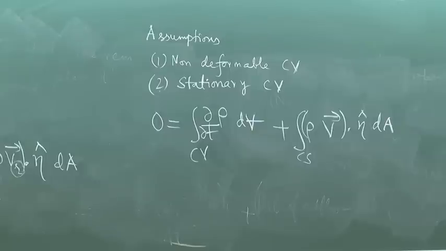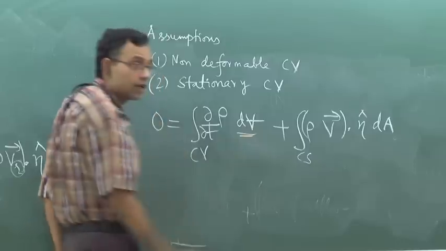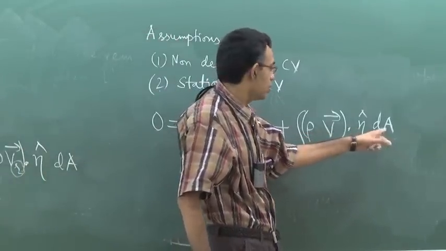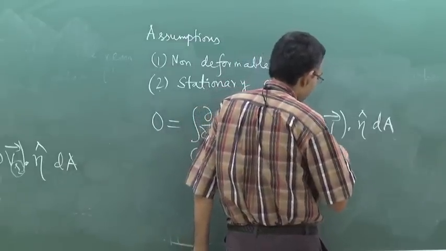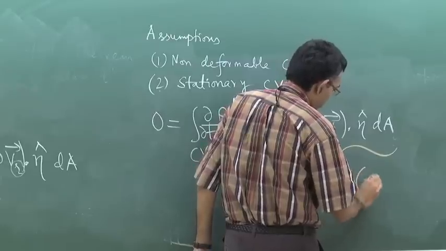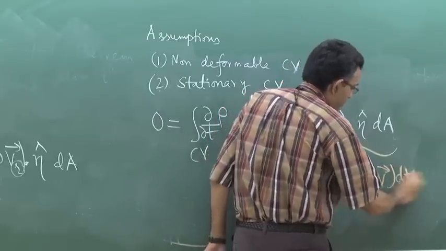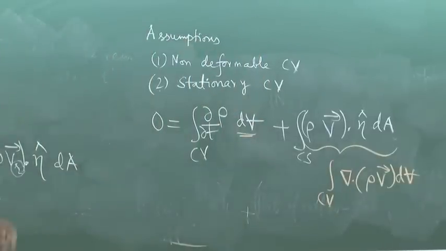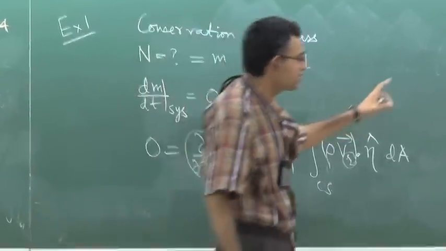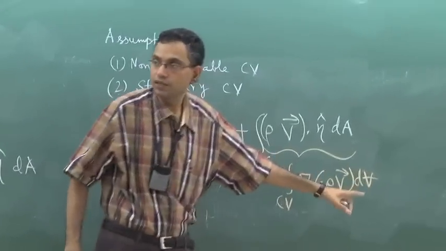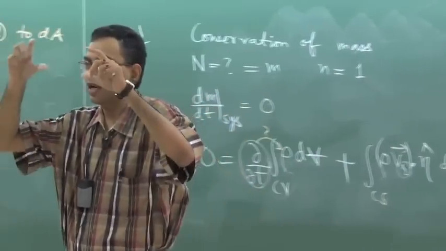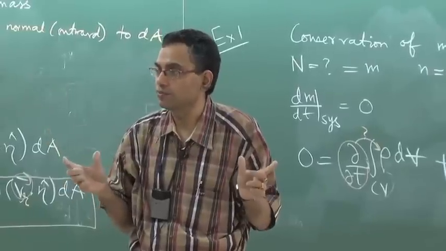Finally, this is a volume integral. So, we can convert this into a volume integral by using the divergence theorem. So, we can write, if you have a vector function F, the integral of F dot dS is equal to the integral of divergence of F dV, where the surface S over which the integral is made is a surface that completely bounds the control volume.